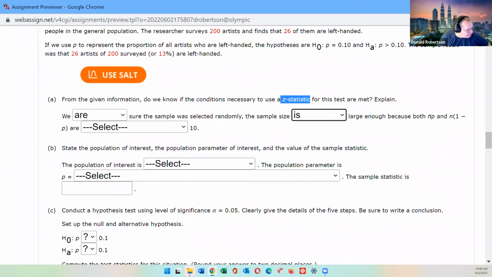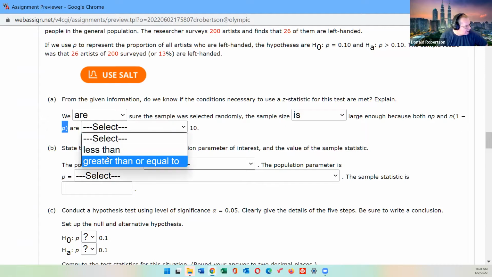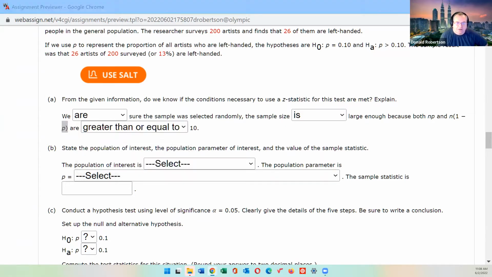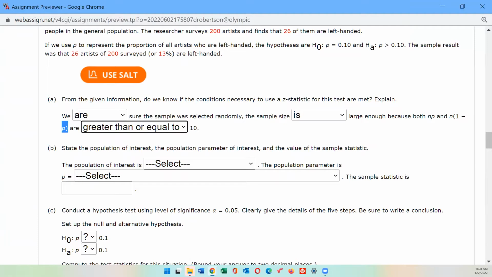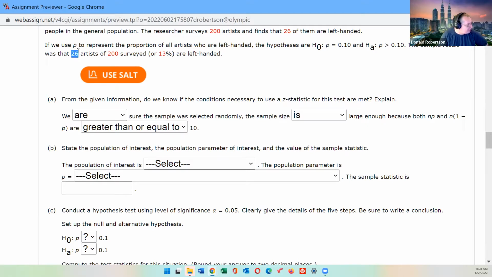It's large enough because, remember the 10 rule: np and n(1 minus p) are greater than 10. You could put that into English as at least 10 people said yes, and at least 10 people said no. If we look at this survey, 26 of them said yes, I'm left-handed.